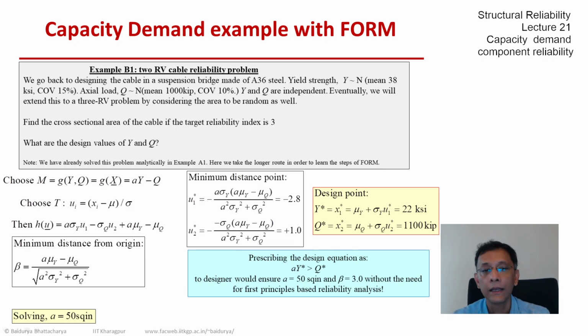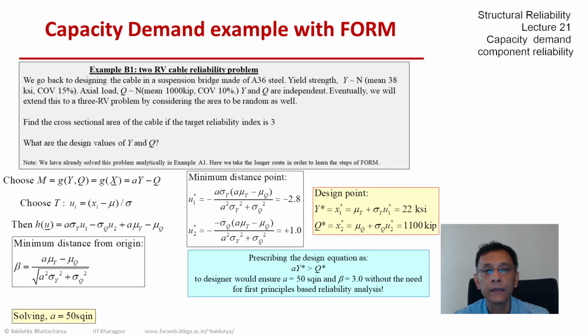So now here is the idea about how to use this design point or checking point in design. We can now say that being safe is g greater than 0. So if we say that A y star would be greater than q star and present the designer this equation to ensure, then automatically this gives me a value of 50 square inch for the cross-sectional area.